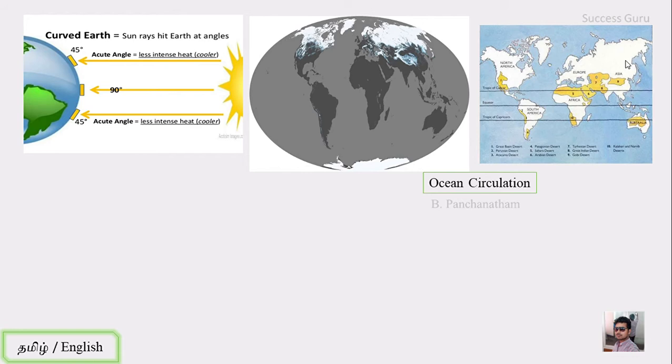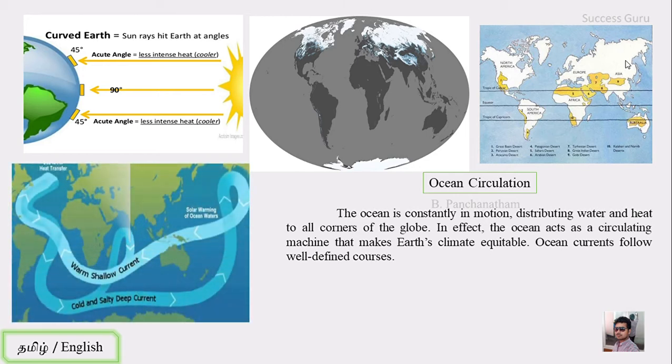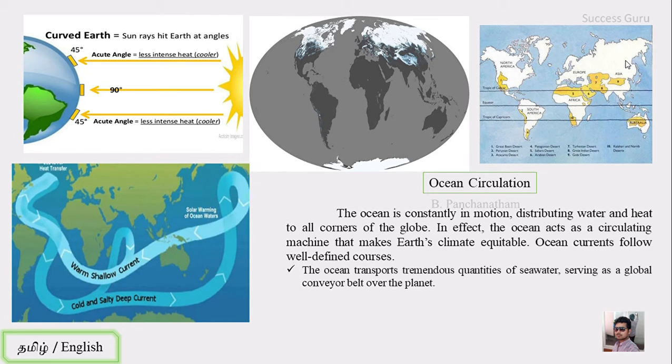The reason is the oceanic circulation. The ocean is in constant motion, distributing water and heat to all corners of the globe. In effect, the ocean acts as a circulating machine that makes the Earth's climate equitable. Ocean currents follow well-defined courses, and the ocean transports tremendous quantities of seawater, serving as a global conveyor belt over the planet.